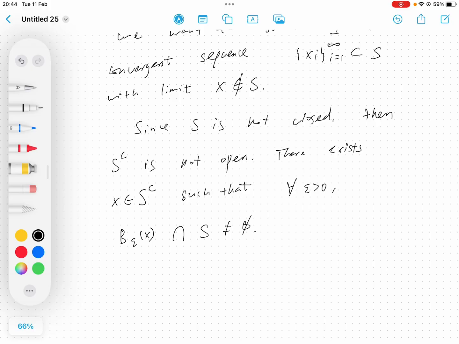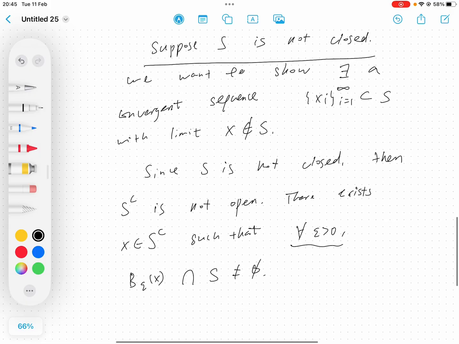There must exist some point X in this S complement which is not open. If we take the intersection of this epsilon ball, no matter how big this epsilon is, for any epsilon bigger than 0, we can always find some element, so it is not an empty set. Okay, so that would be halfway down.